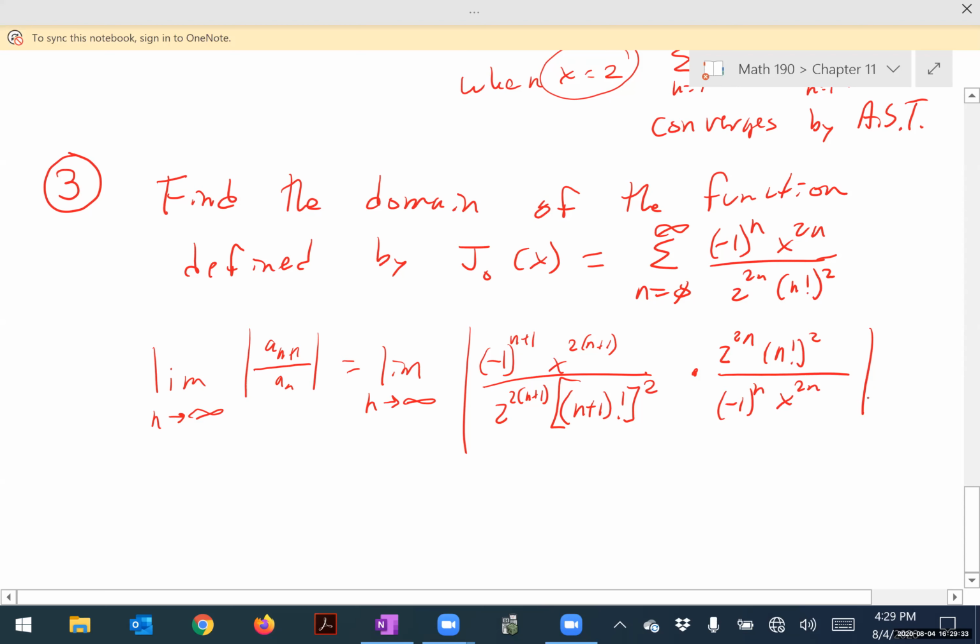Okay, so what happens if I distribute my 2 here? Wouldn't this be 2n plus 2? And wouldn't this be 2n plus 2? Right? So wouldn't I be left with -1 on top? What would I be left with for the x's? Well, the 2n is going to cancel with the 2n, but then I would have been left a 2, so that's x squared, right?